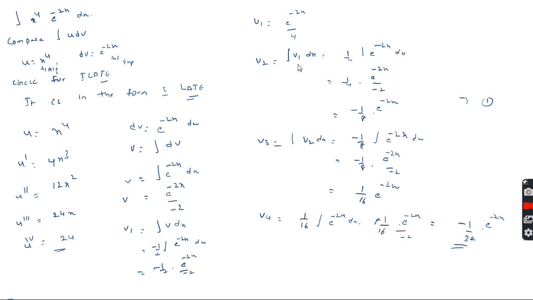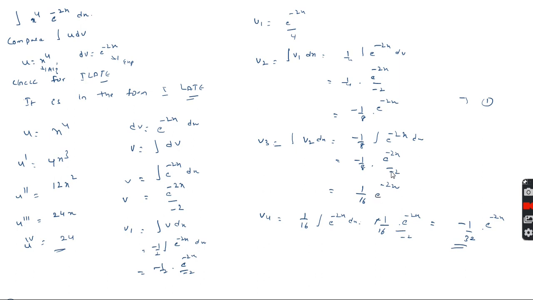Similarly we can find v2, which is the integration of v1 dx, that is 1 by 4 into the integration of e power minus 2x. So we write e power minus 2x by minus 2, and we get minus 1 by 8 into e power minus 2x, as 4 into 2 is 8. Next, v3 is the integral of v2 dx: minus 1 by 8 into the integral of e power minus 2x dx, which is e power minus 2x by minus 2.